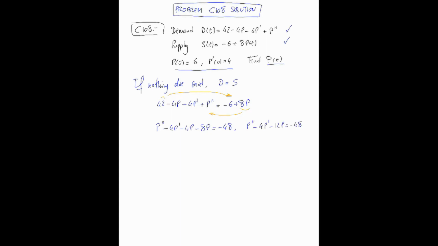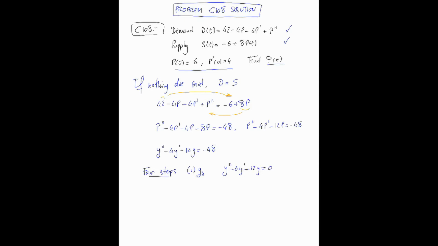Let me rewrite this in the way we're used to in our class, simply rewriting the equation as y double prime minus 4y prime minus 12y equals minus 48, and let's solve it. Remember the 4 steps we take for solving this equation. First is finding the homogeneous equation solution, which is y double prime minus 4y prime minus 12y equals 0.